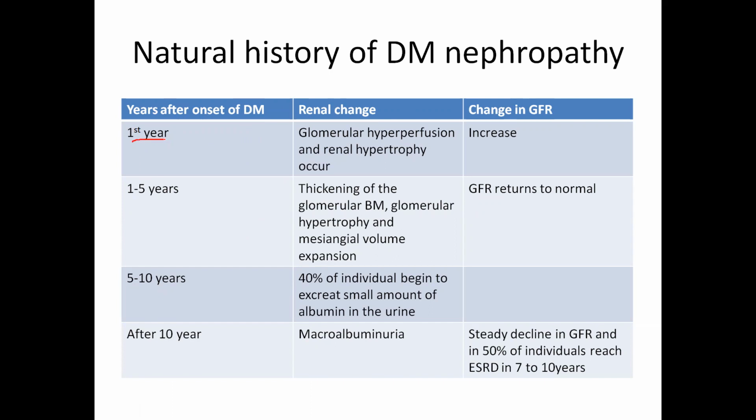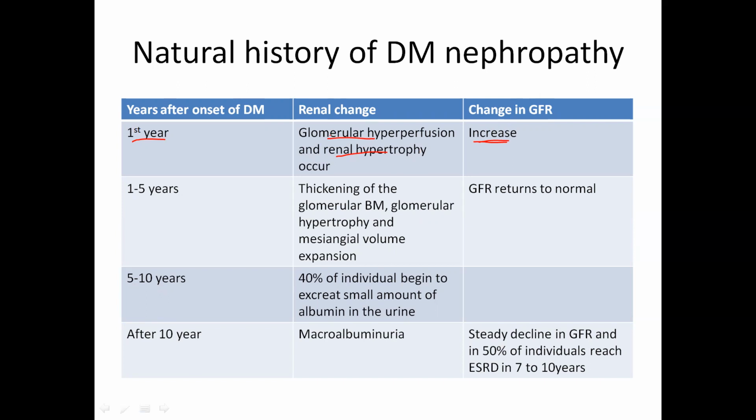In the first year of onset of DM, the renal changes are glomerular hyperperfusion and also renal hypertrophy. When we come to the change in GFR after the first year of onset of diabetes mellitus, the GFR becomes increased, like a compensatory mechanism.